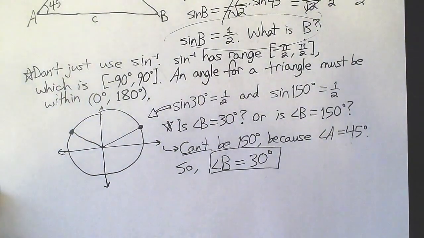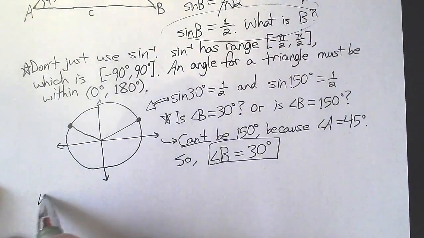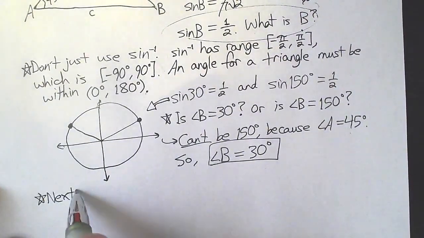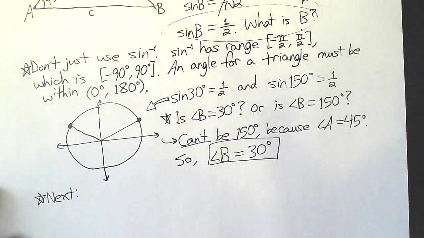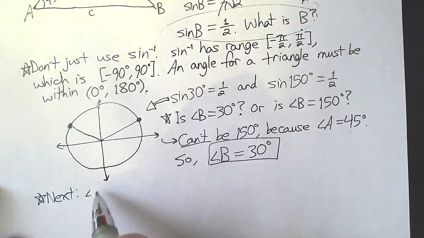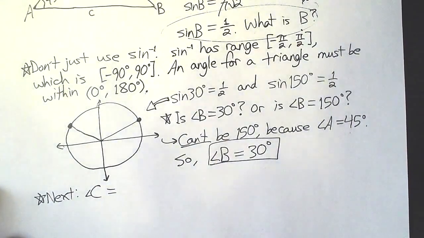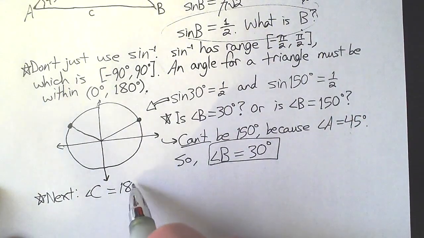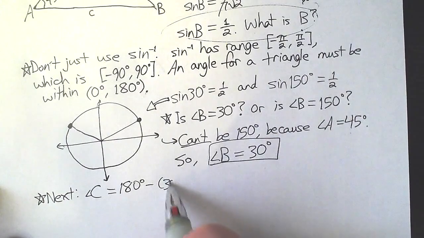And then to finish off this problem, let's figure out what else we need from this triangle. We could go ahead and find angle C. Looking at the picture, we know angle A, we know angle B, so they need to add up to 180.